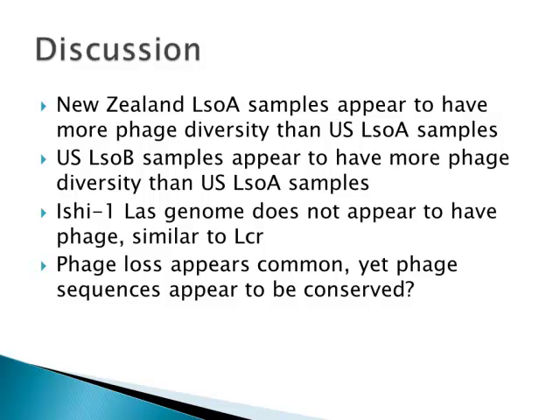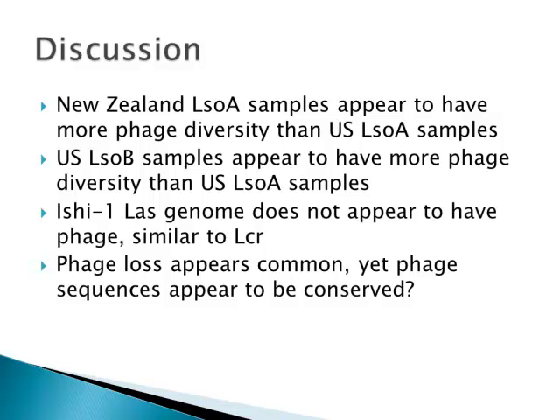And then just recently, a paper came out on a new LAS genome, the Ishi-1 genome. It's a citrus greening Liberibacter that came out of Japan that has no phage in it at all. And so looking at the Ishi-1 genome, these Liberibacter can exist, they can be pathogenic without phage, they can replicate, they can transmit.